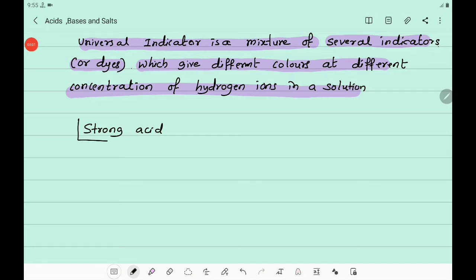Now, about strong acid and weak acid. What is a strong acid? The acid which gives more H plus ions in a solution.